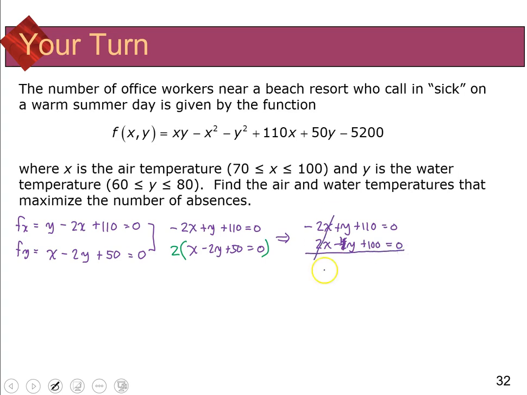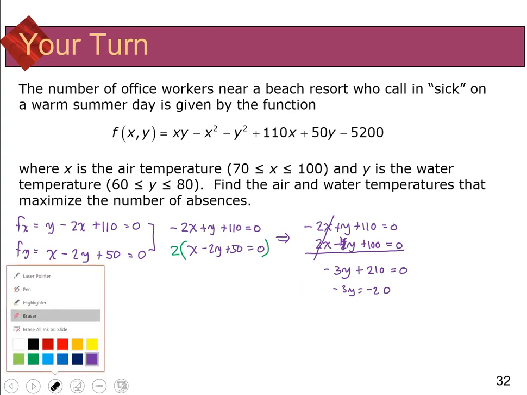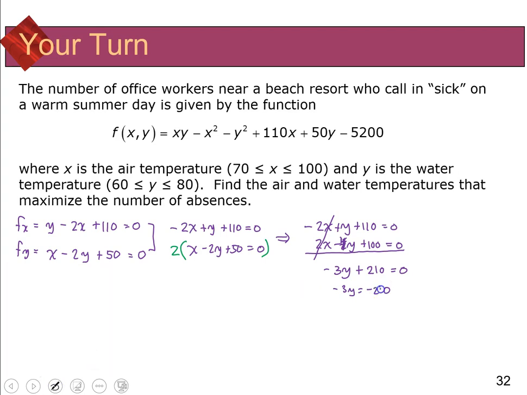These cancel. I am left with negative 3y plus 210 equals 0. So negative 3y would equal negative 210, which means y would equal 70.